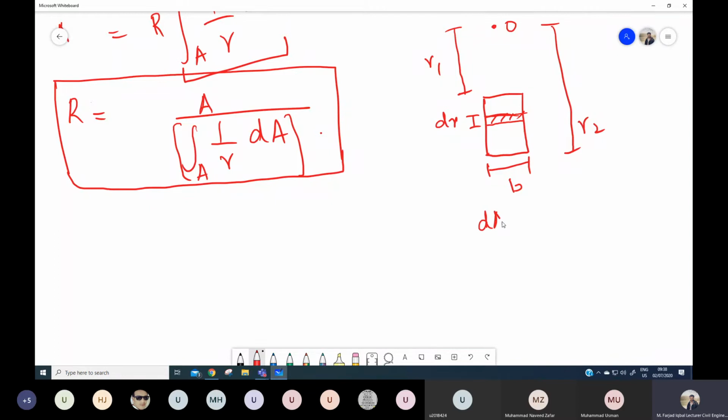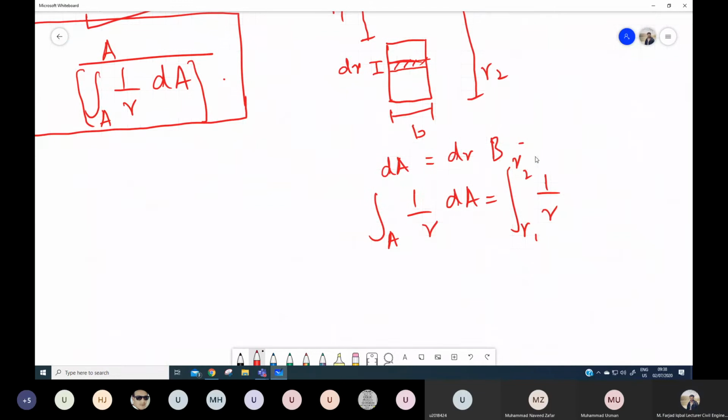So the differential area will be dr into b. So this factor will be integral of 1 over r dA, that is equal to integral from r1 to r2 of 1 over r. What is dA from this figure? If this is the differential area, that will be b into dr. So what is the integral of 1 over r? Anyone?